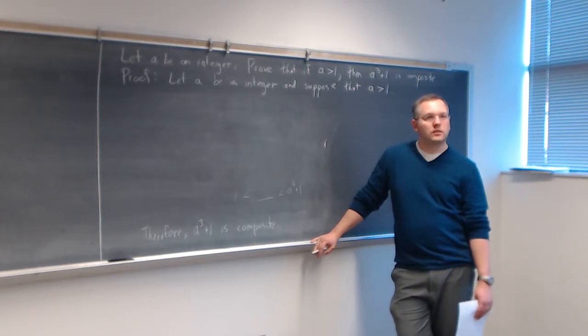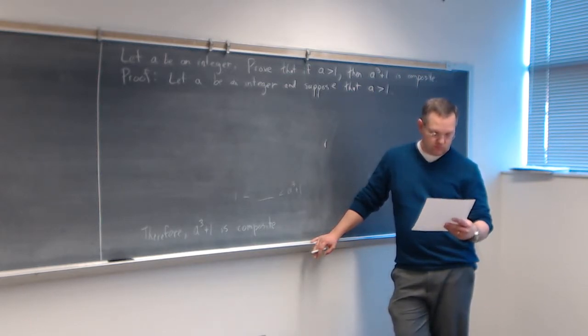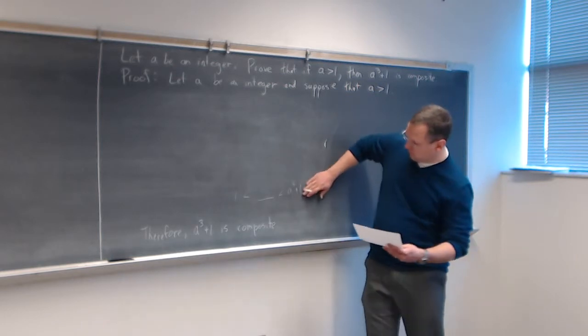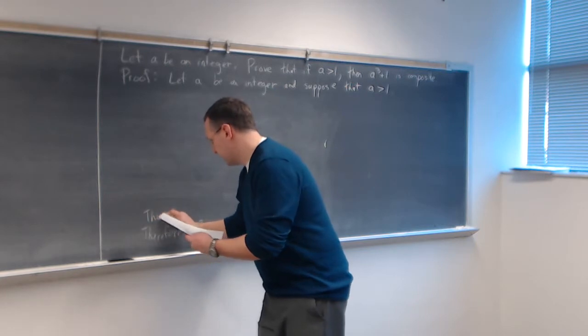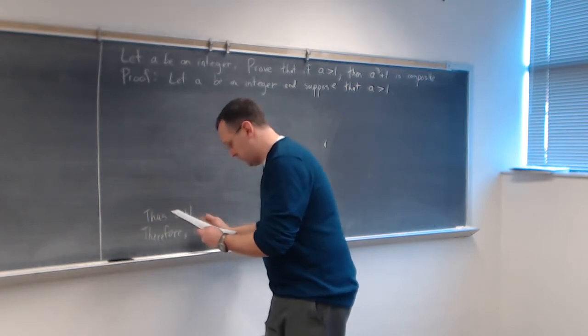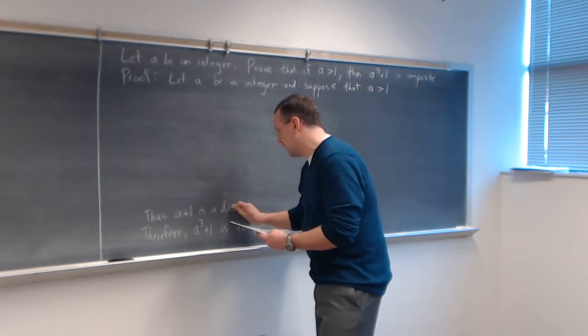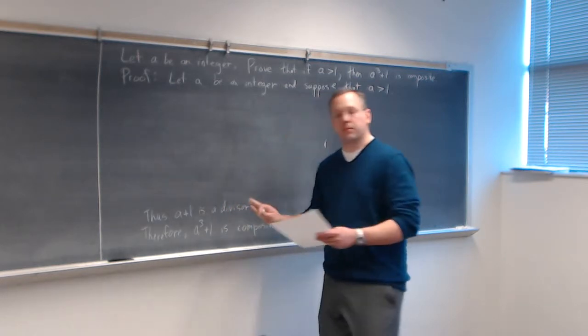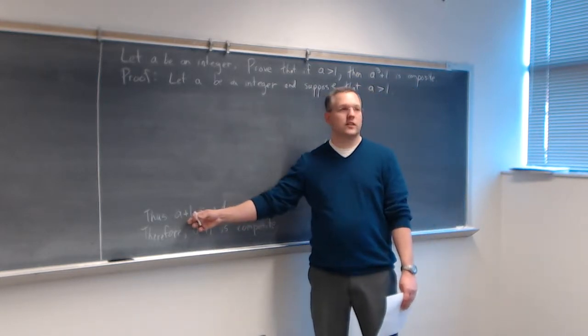So which one of your sentences looks like that? Thus, a plus 1 is a divisor of a cubed plus 1, with 1 less than a plus 1. Now, if you were writing this by yourself, you wouldn't have written that, because if you just have this, you don't know what the divisor is.